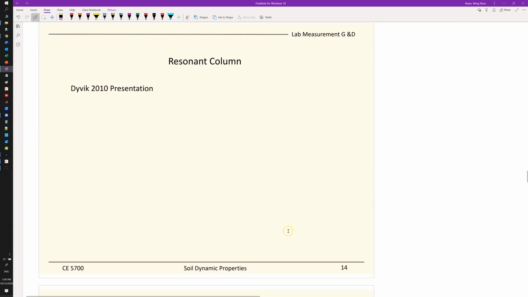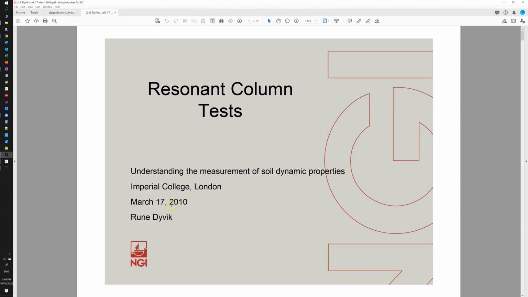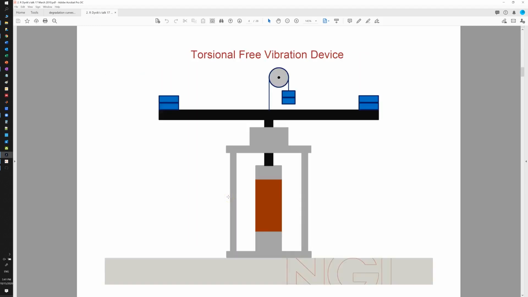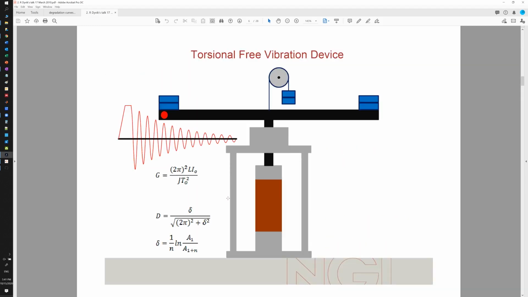But if you're interested, I uploaded a presentation from NGI, the Norwegian Geotechnical Institute, presented by Dr. Wuner Duvik. He was my postdoc advisor in Norway, and he did a very good presentation, the best I have seen, to talk about the resonant column test.